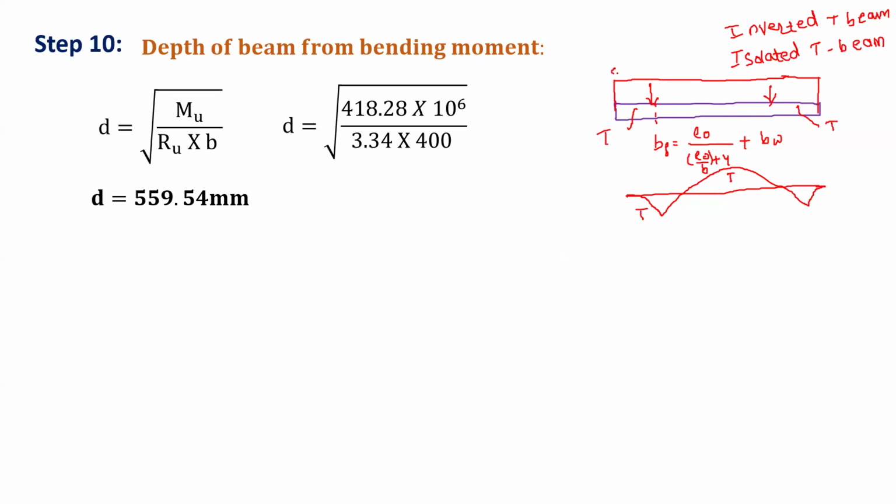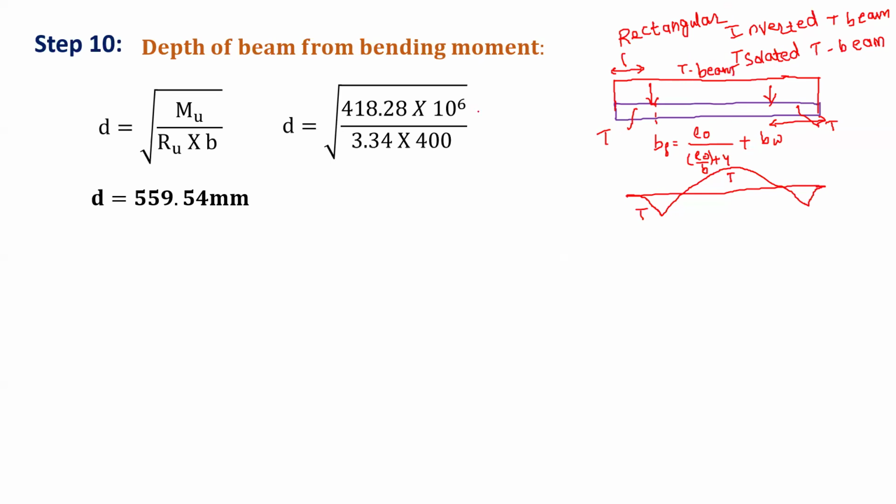So in the cantilever portion my beam will act as a rectangular beam, and in the middle portion between the columns, it will act as an isolated T-beam.